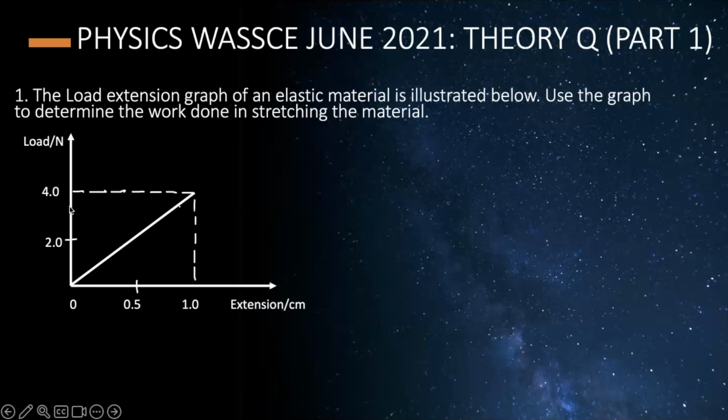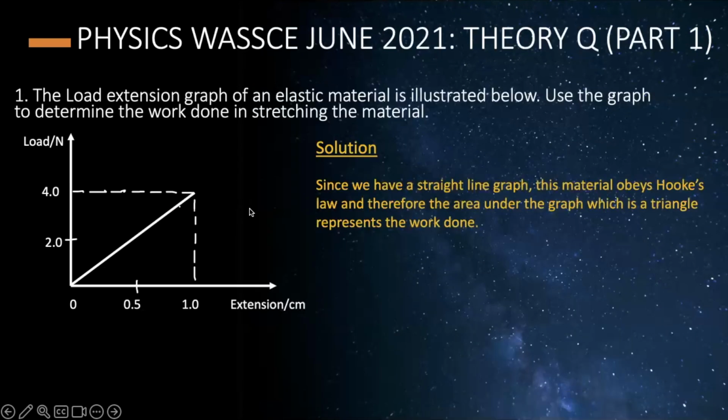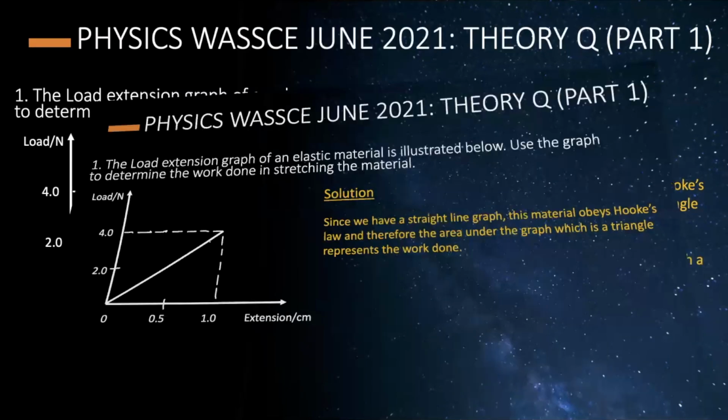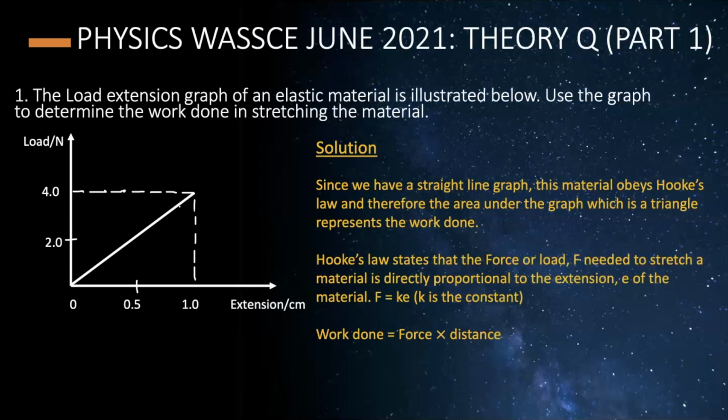The same applies to the y-axis. 4 minus 0 is 4. Now the straight line behavior of this elastic material tells us that it's obeying Hooke's law, and that takes us to Hooke's law. Excited. Now Hooke's law, if you remember, tells about the direct relationship between force and an extension, where you have a constant of proportionality K.